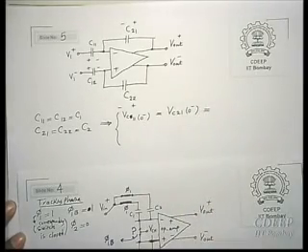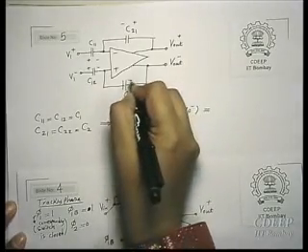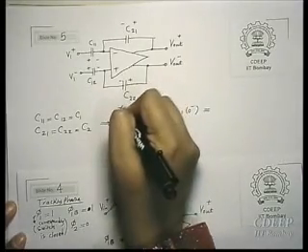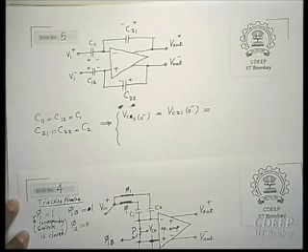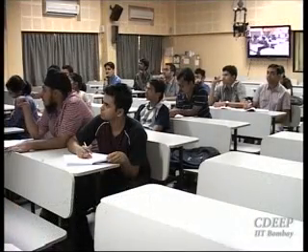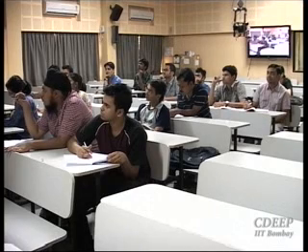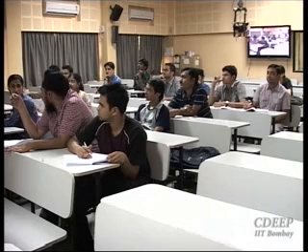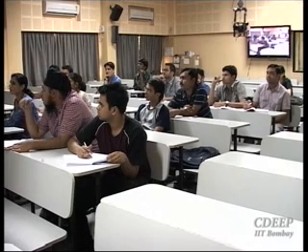Okay, what is the initial condition? Before you connect C2, what is stored here? V in minus, V in plus minus VOS? Okay, offset. Yeah, here there is no offset because of the previous case we have. Fine.